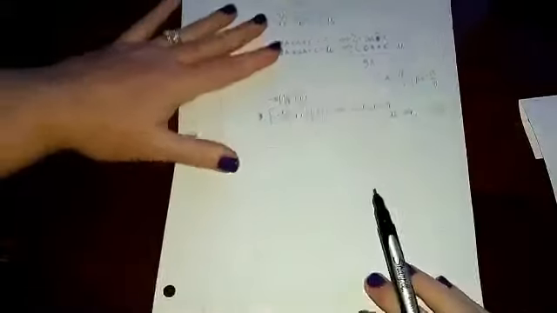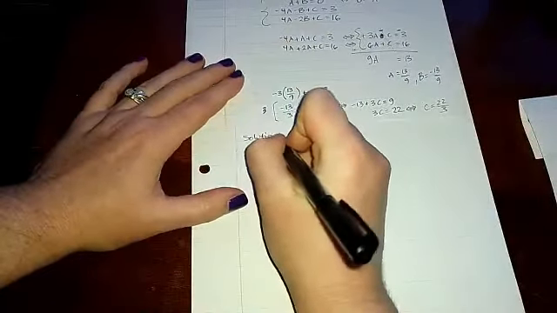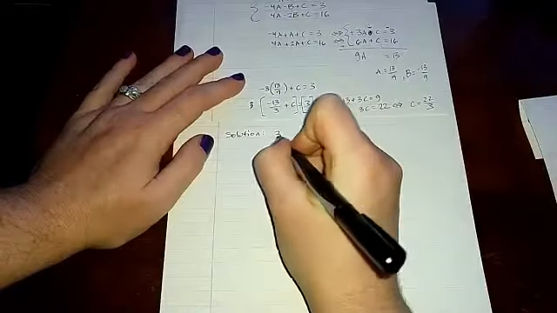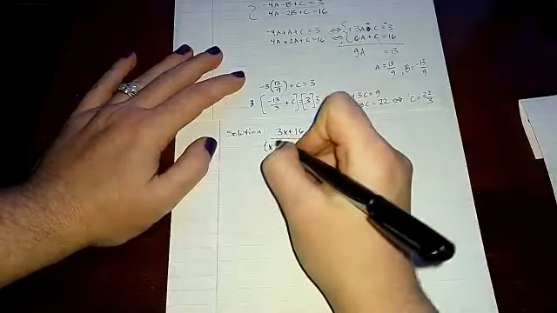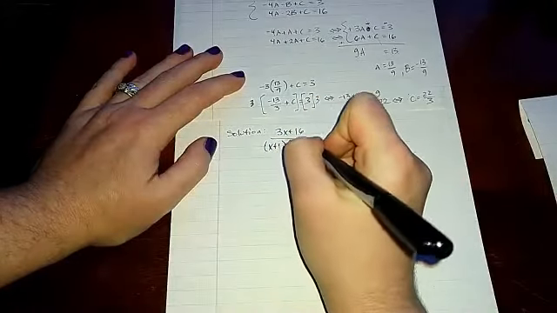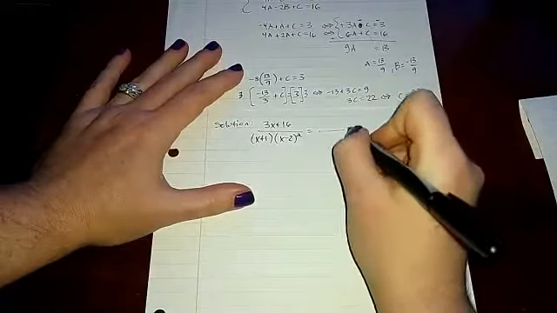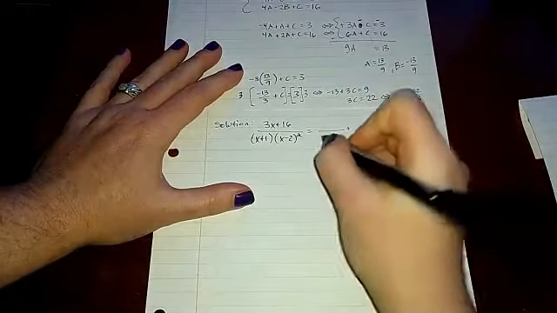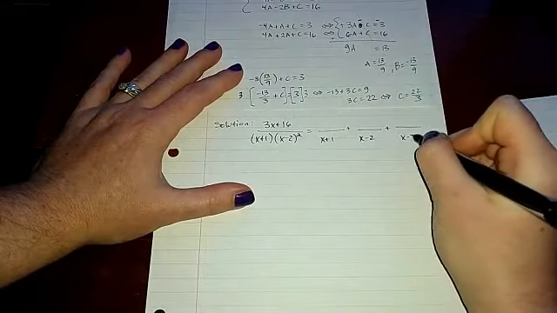So, solution. We were trying to find a decomposition for 3x plus 16 over x plus 1 times x minus 2 squared. We had 3 fractions. I'm just copying from above.